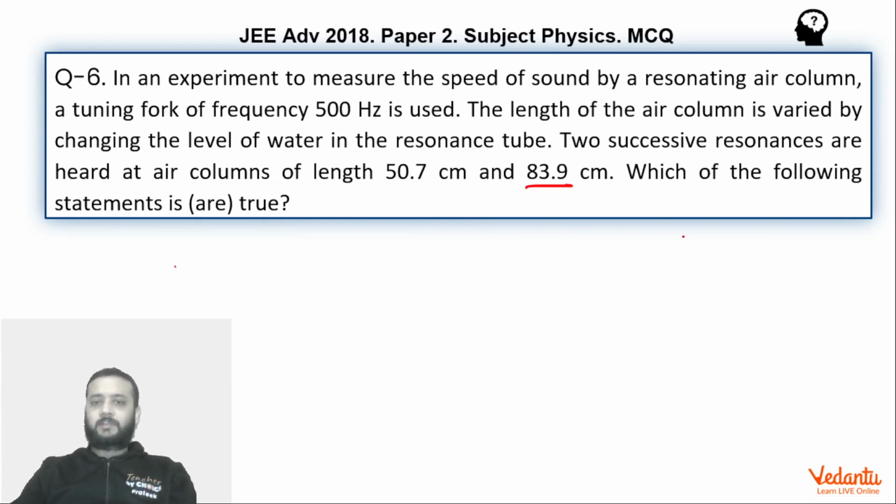This is the length of the air column. If you try to recollect from the theory, suppose below this there is water, and this is the air column. So the open end of the tube is here. You can see, the displacement antinode is formed slightly outside the tube.